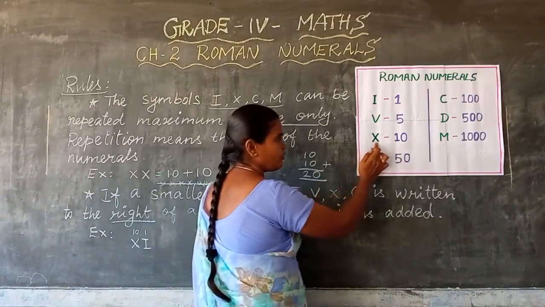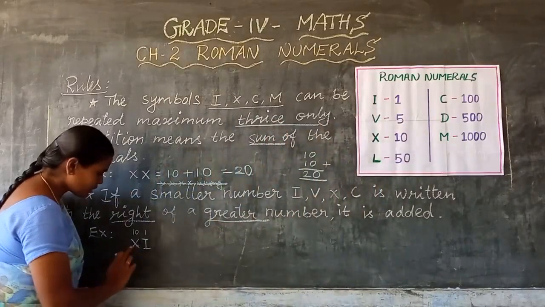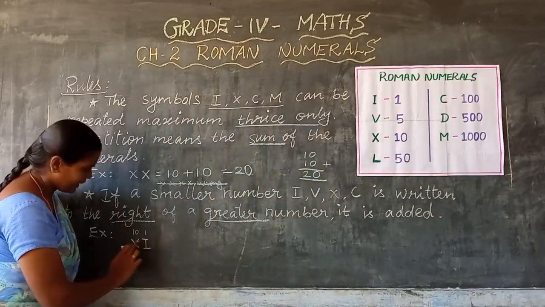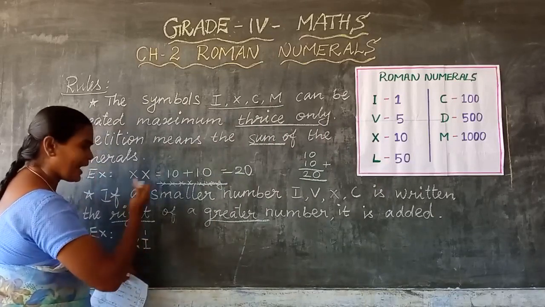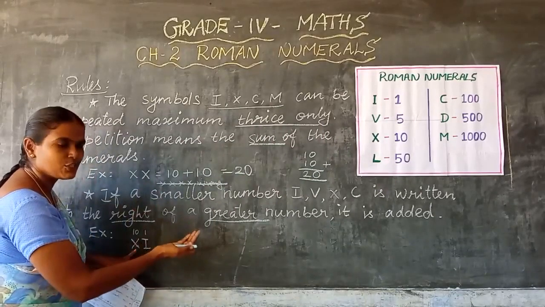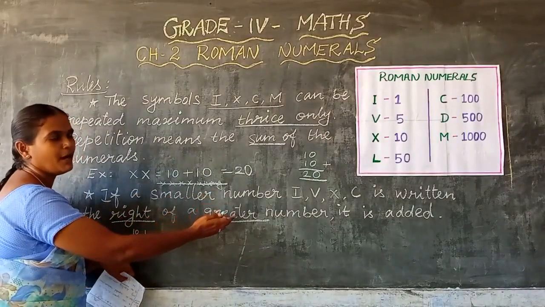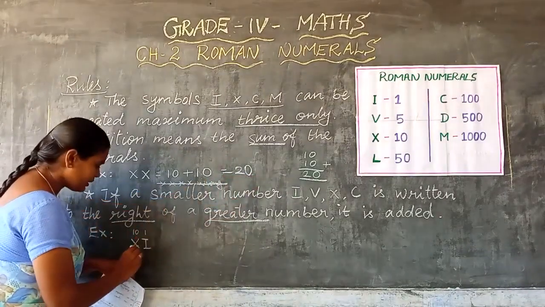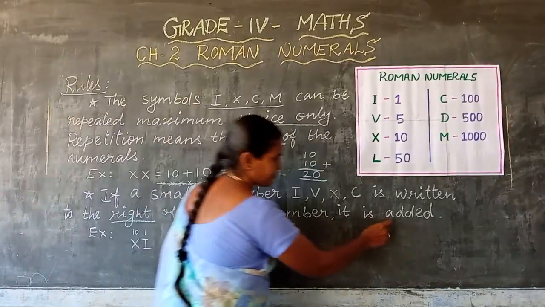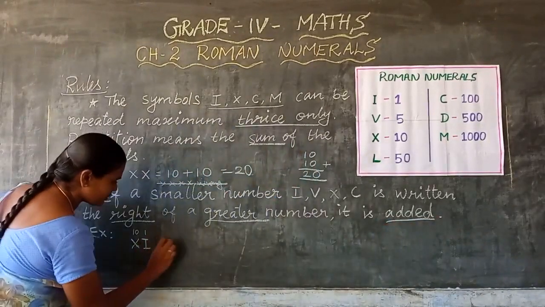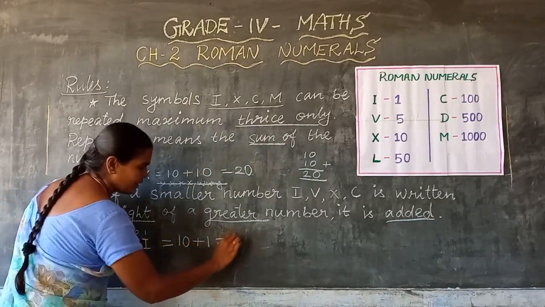Which one is the greater number here? X, because X value is 10. Greater number, right side we have the small number, means addition. So now you add these two numbers. 10 plus 1, 11.